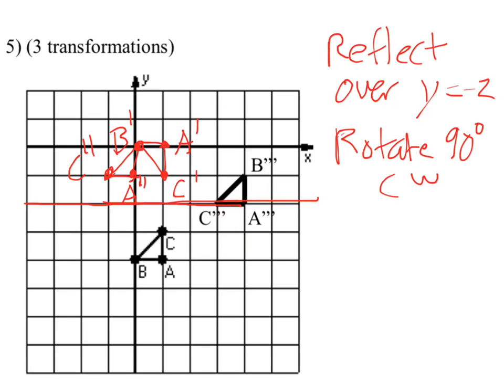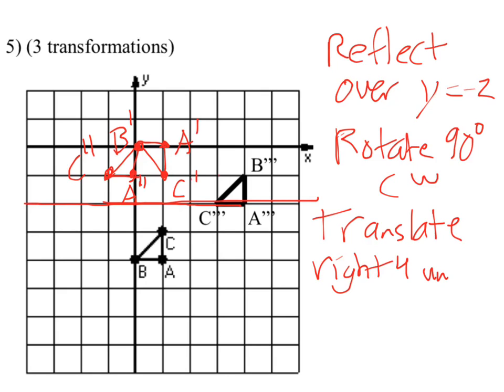And then my last step is doing a translation. I need to go right 1, 2, 3, 4, and then down 1. So translate right 4, down 1. That'll land me right there.